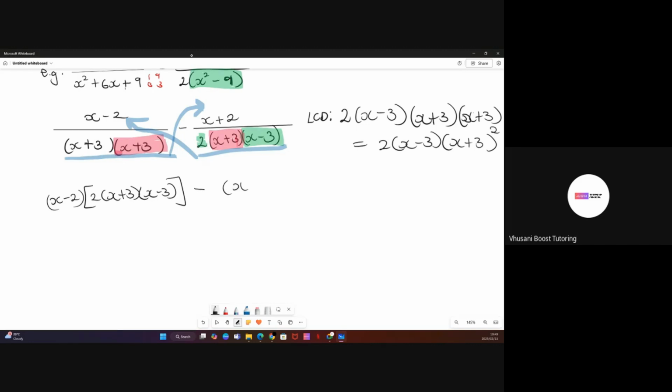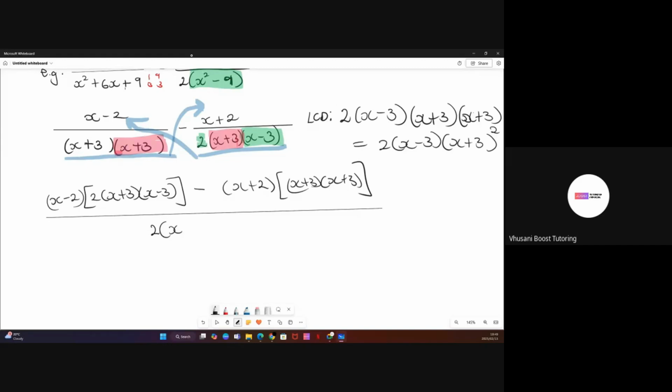Then we have our x plus 2 multiplied by our x plus 3, x plus 3 as well. Okay, perfect. So in the denominator, we see that we have our lowest common denominator. That is 2 multiplied by x minus 3 multiplied by x plus 3 to the power of 2. All right, so are you guys okay with this?